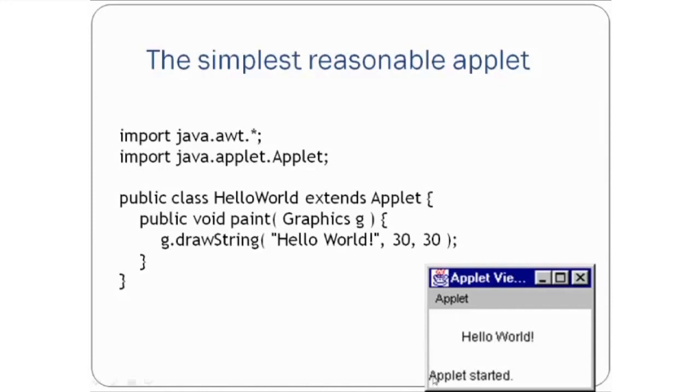In maths you must have studied that every screen is divided such that each pixel is given a value of x and y, starting from a corner which is 0,0, and then we get values like x is equal to 1 and y is equal to 2. Similarly, over here we have x is equal to 30 and y is equal to 30. So from here it's 30 and from here it's 30. So at the point 30,30 it is going to start printing hello world. Fine. So this is how x and y are plotted on the screen.